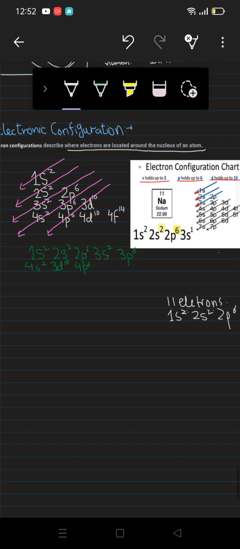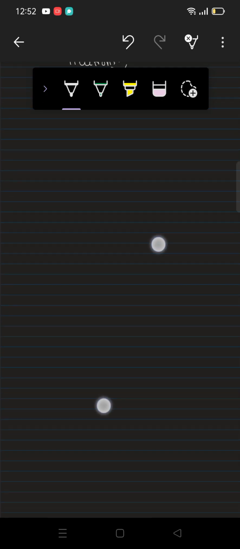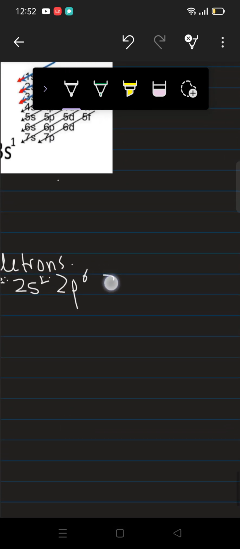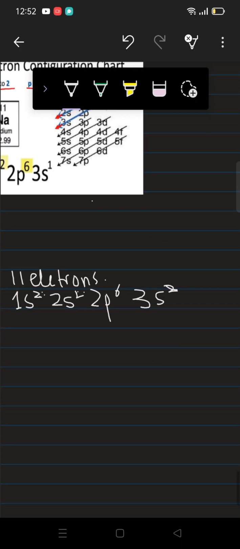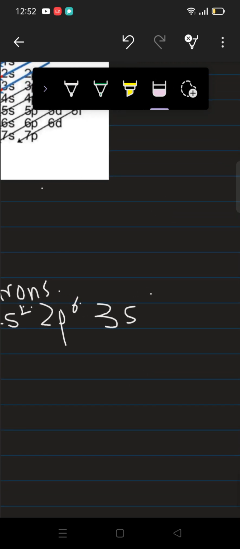Alright, now it is the turn of 3s2. But if I count this, 2 plus 2, 4. 4 plus 6 is 10. 10 plus 2 is 12. However, we know that the atomic number of sodium is 11, which means there should be only one electron in this subshell.